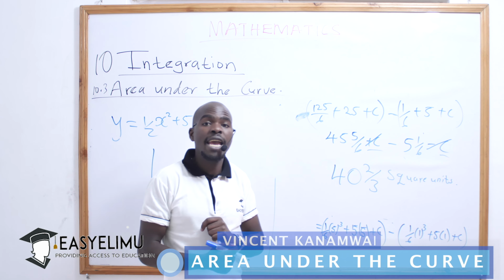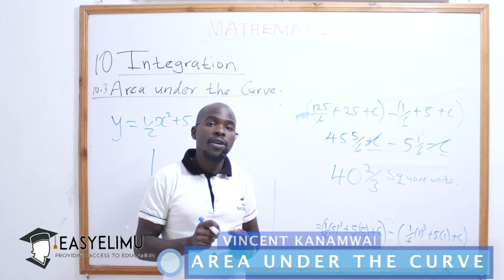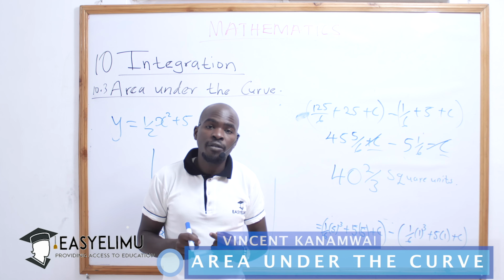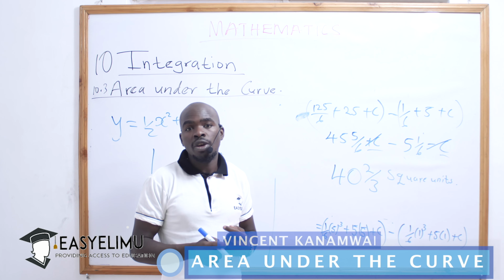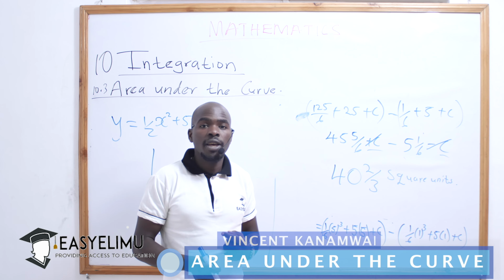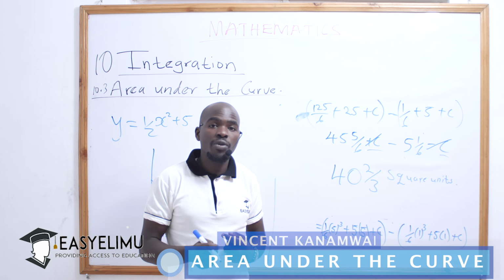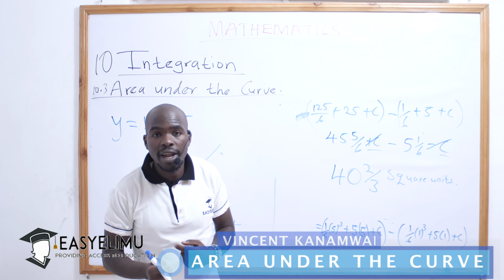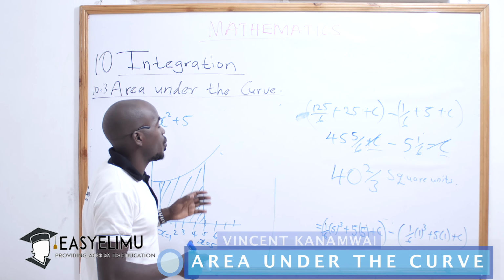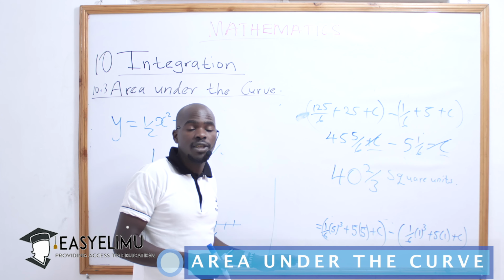Now we can find any given area so long as we have the equation of the curve and the limits of integration. It is just easy to substitute the integration limits and find the area under the curve, so long as we take the conditions provided seriously.